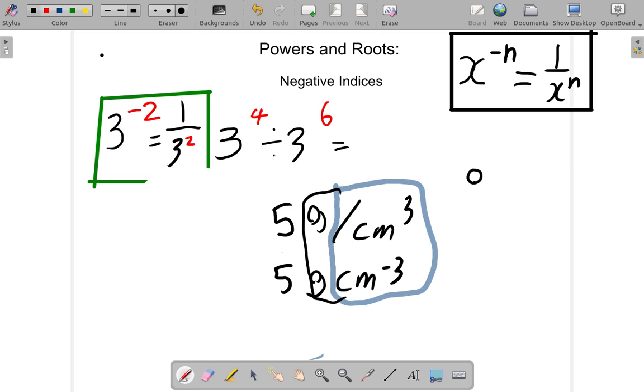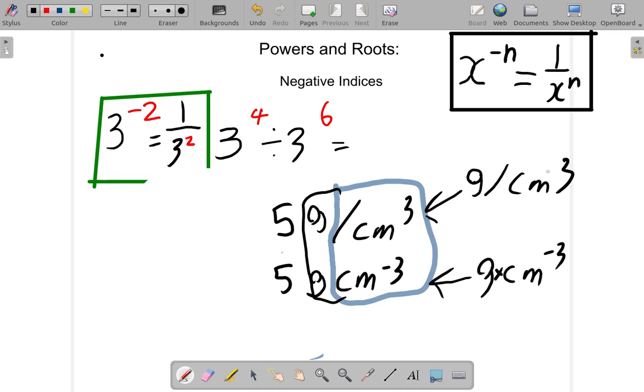What you would be saying is gram per cm cube, this one, is the same as gram cm to the negative 3. It's gram multiplied by, this is gram divided by cm cube up here. This is gram multiplied by cm to the negative 3 down here. This is really gram over cm cube. Alright?